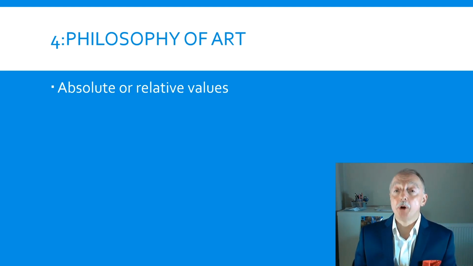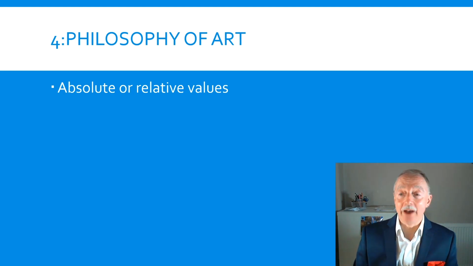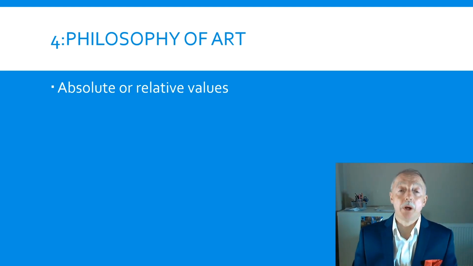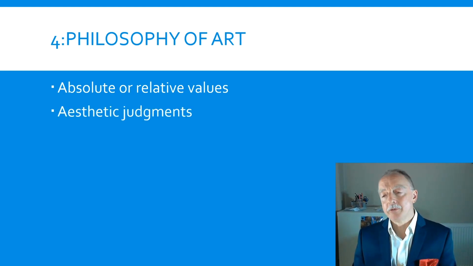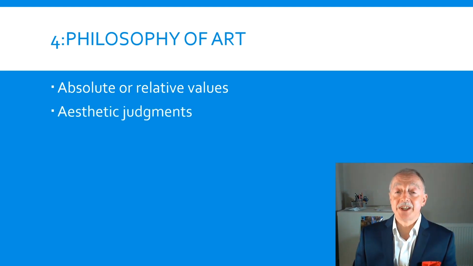Relative from one person to another, or from one thing in relation to something else, i.e. how you measure it when compared to something else, or is it a value in its own right, an absolute value? The second element of the philosophy of art is around aesthetic judgments. How do we make them? What are the principles we use, and how do we apply them?